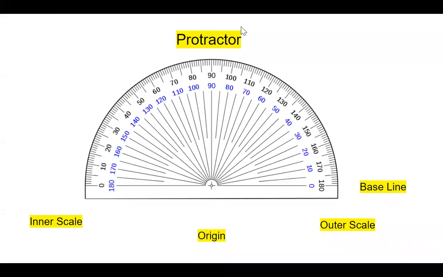Let's say our angle starts here from the origin, and we start measuring in this direction. Let me go ahead and make this larger so you guys can see. So from here to here, let's say we align our angle on this side.